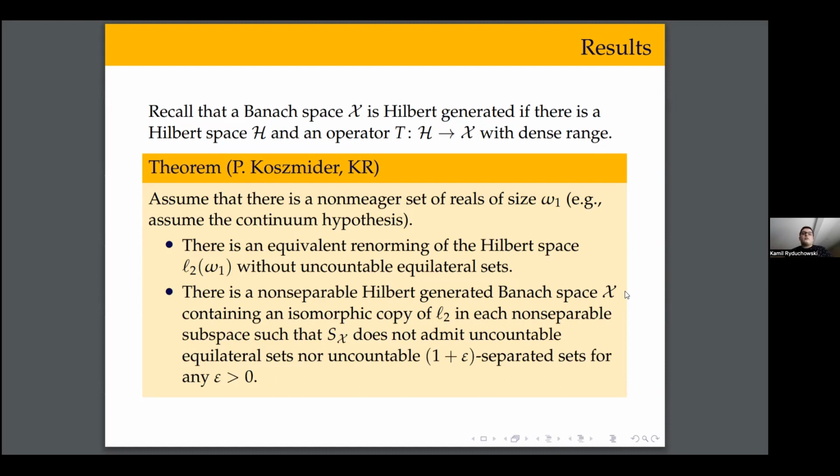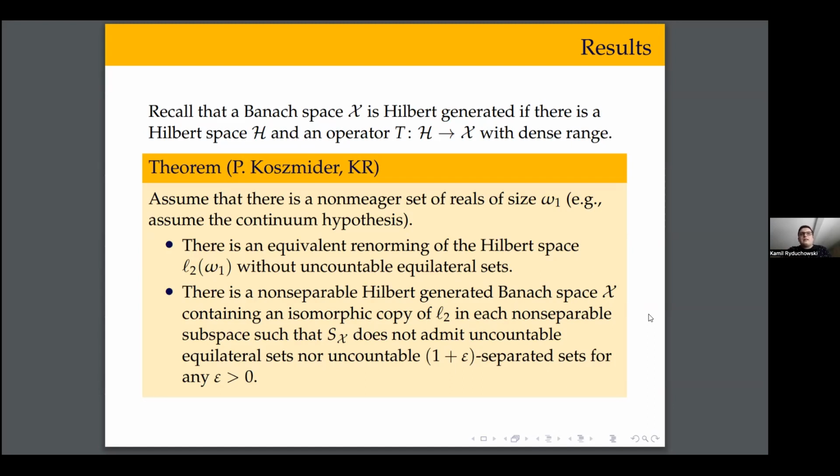That's as close to reflexivity as we were able to get. Let me mention that this property of having a copy of ℓ2 in each non-separable subspace is related to the notion of being somewhat reflexive: a Banach space is said to be somewhat reflexive if it contains a copy of ℓ2 in every infinite dimensional subspace. In our example that's not the case, but we have copies of ℓ2 in non-separable subspaces.